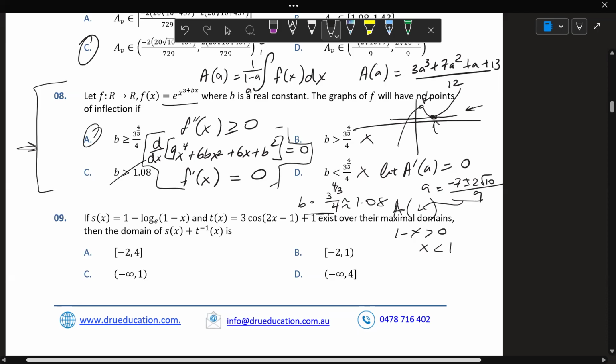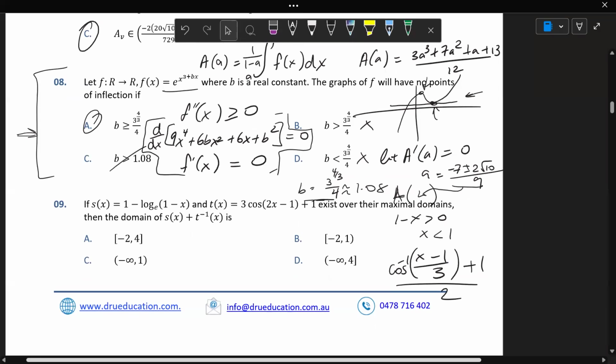And you have t of x, you need to find t inverse of x. So t inverse of x here is just x minus 1 over 3 and cos inverse plus 1 over 2. So you can just chuck this into your CAS and use the domain function.